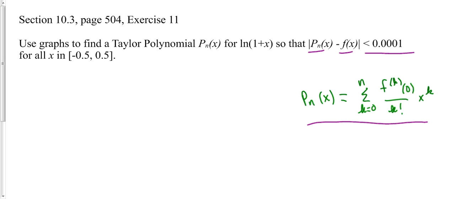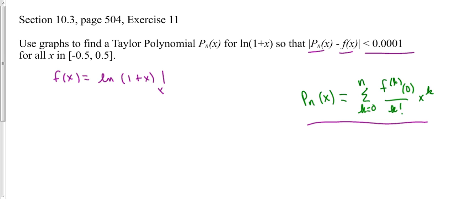Now we'll talk about the graphing part of this in a little bit, but basically we're going to need to find a bunch of Taylor polynomials, which means that we're going to need a series of derivatives. So we're going to start off with f of x, which is equal to the natural log of 1 plus x.